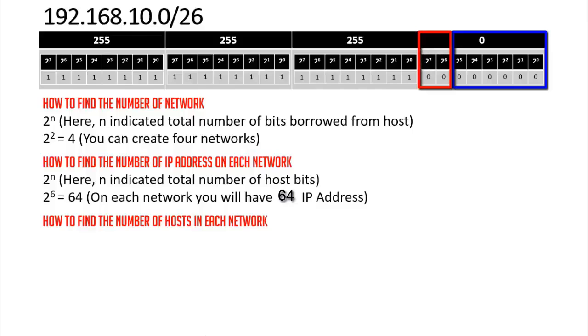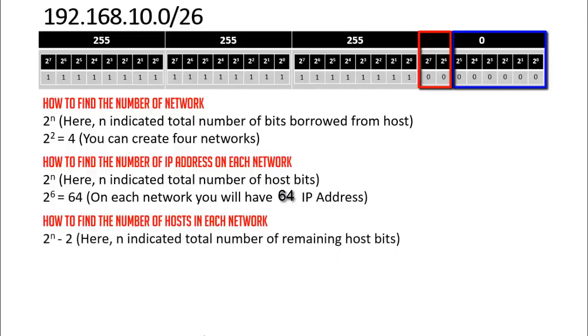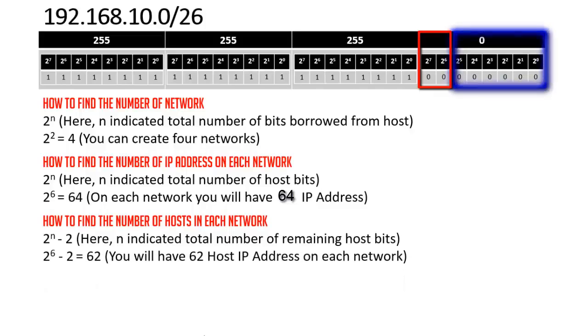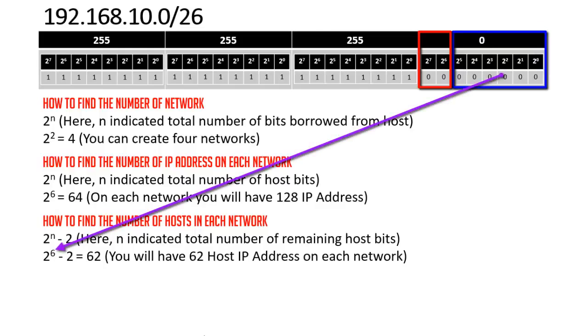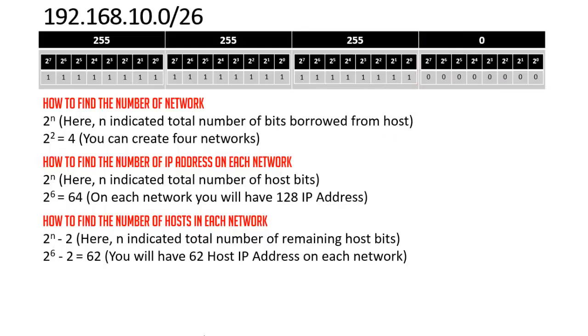So the formula is 2 to the power n minus 2, where n indicates the total number of remaining bits. We have 6 bits remaining, so we write 2 to the power 6 minus 2, which is equal to 62. It means you can assign 62 host IP addresses on each network.